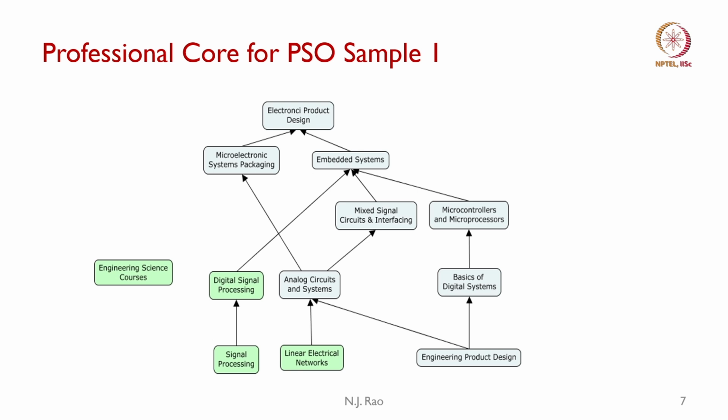So electromagnetic compatibility has to be taken care of, and thermal issues have to be resolved. At least you should be able to communicate or interact with specialists in this area. That is why we consider a first level course on microelectronic systems packaging necessary.